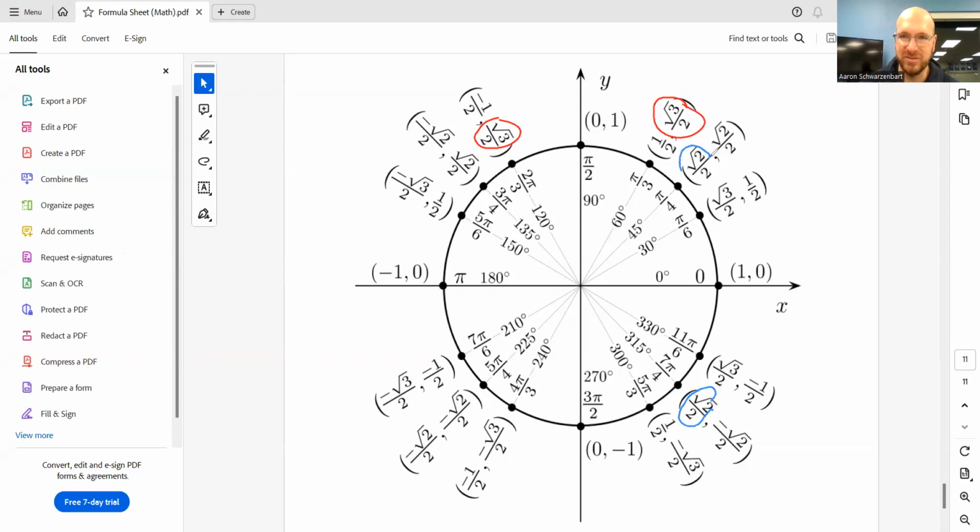So I don't want to use 1 and 4 again. Cosine, I want to use 1 and 2 because they're not the same in 1 and 2. That means my restricted range is going to be 0 to π. Thus, that is the domain I'll keep on my original.